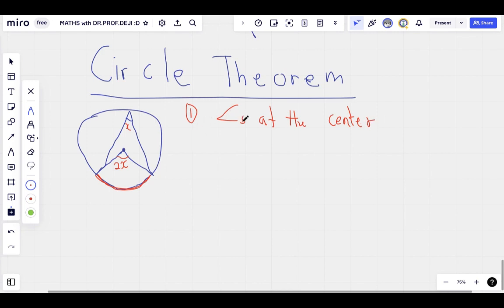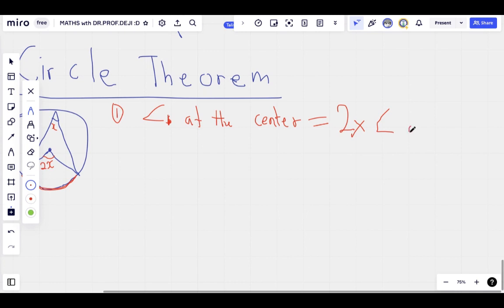Not angles actually. Angle is one angle. Angle at the center equals twice the angle at the circumference.